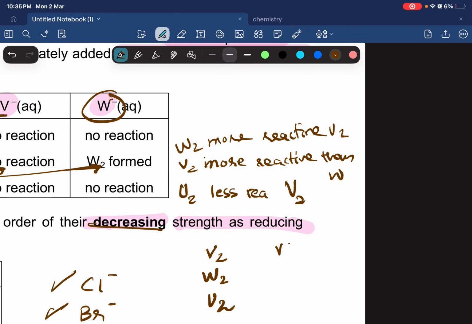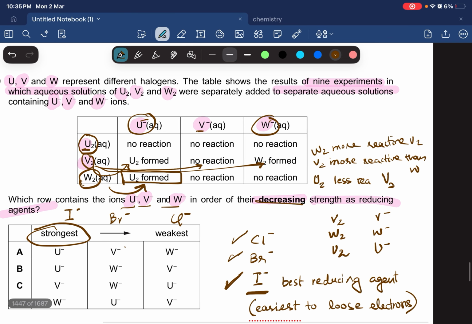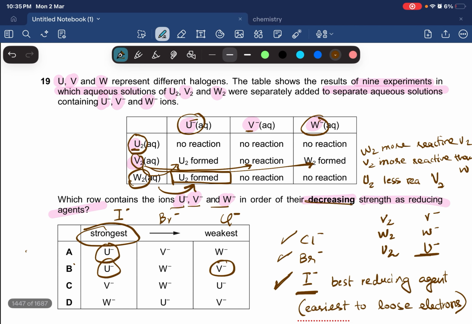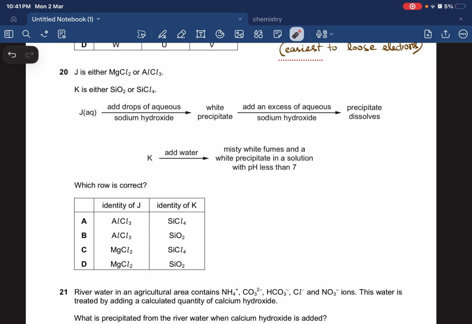So V negative, W negative, and U negative. U negative is going to be the iodide I'm considering, the best reducing agent, and V negative is going to be the chloride I'm considering. Okay, so according to my analogy, this is correct.